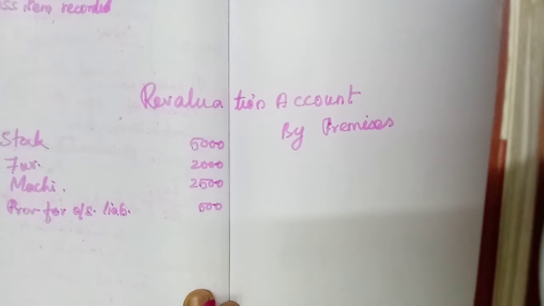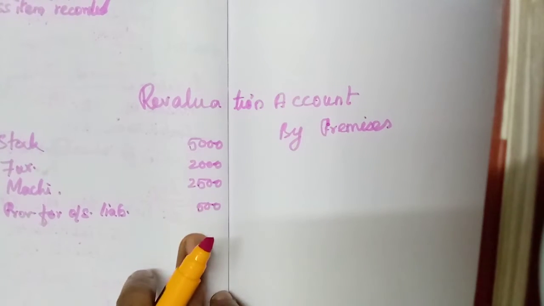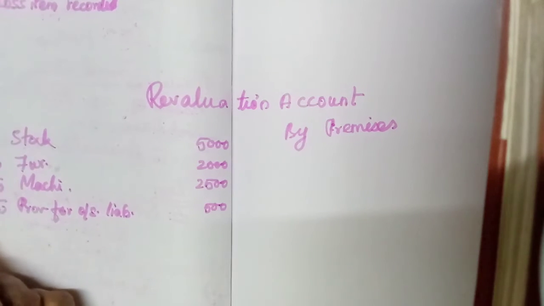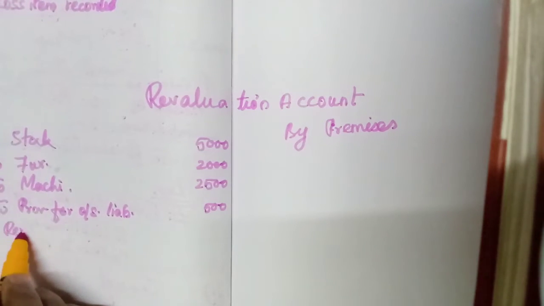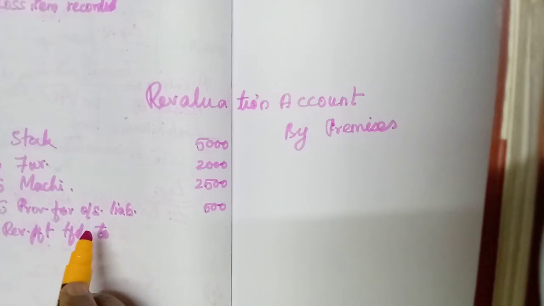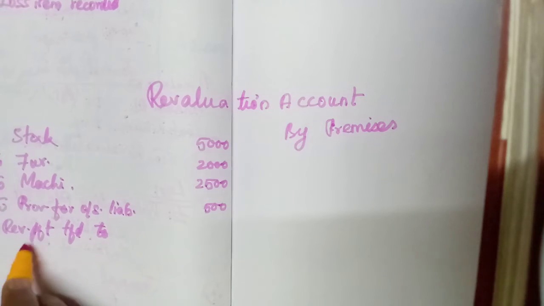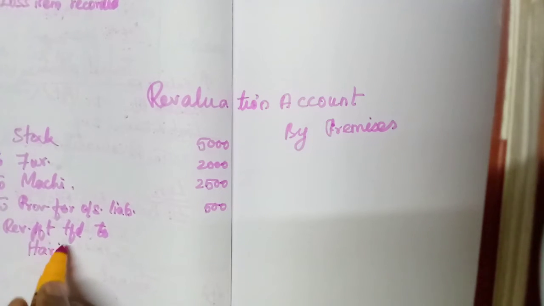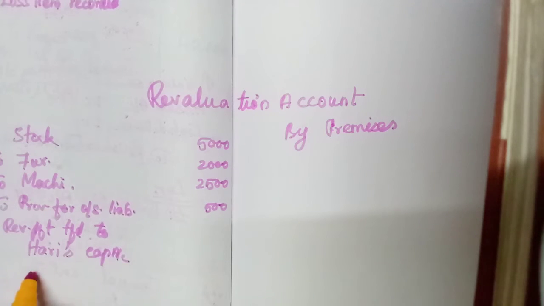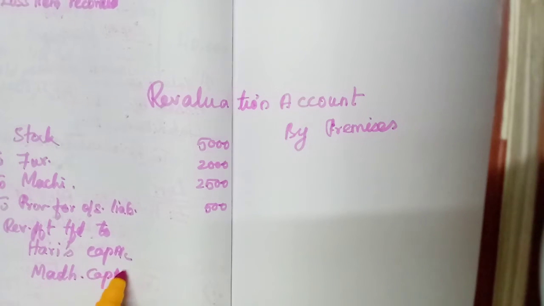Here 10,000, that is 9,500 plus 500, 10,000, and there 60,000. So the remaining 50,000 is revaluation profit transferred to all the old partners. Hari's capital account, Madhavan's capital account, and Kesavan's capital.